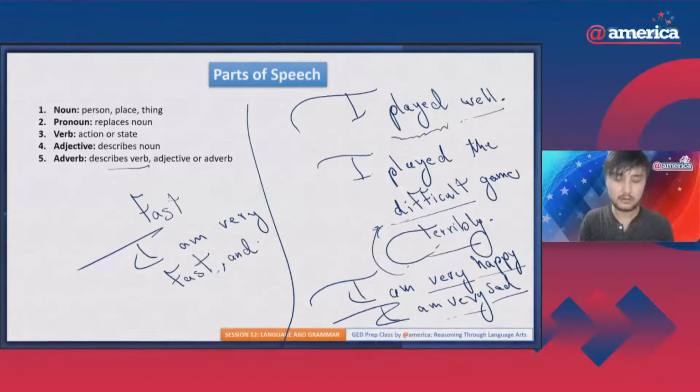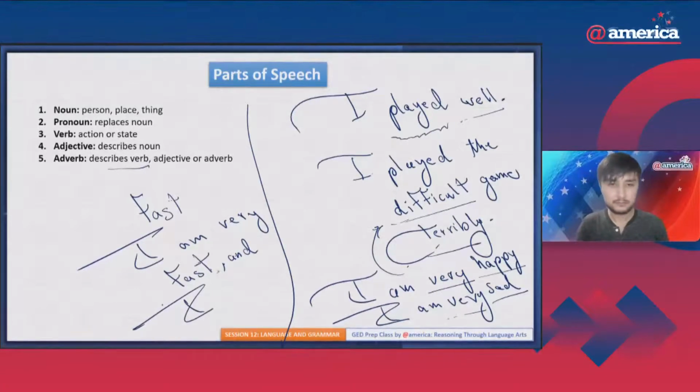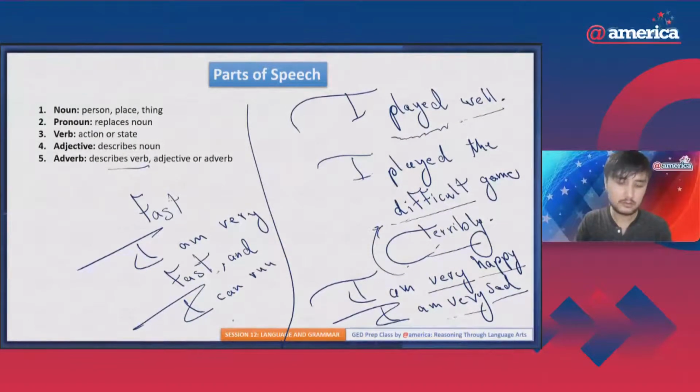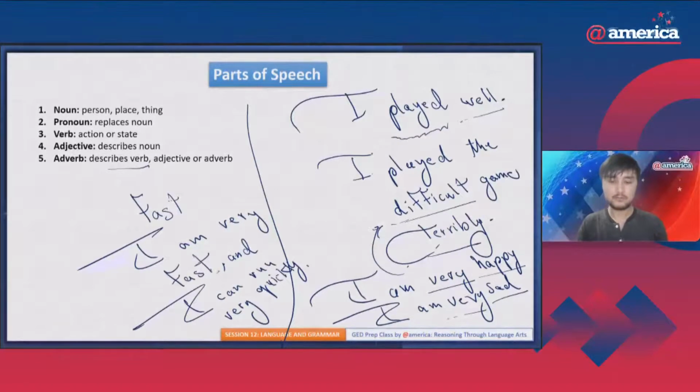And I can run very quickly. So in here, we can see that very is describing the adjective fast. And in here, we can say that very is describing the word quickly, which is again another adverb.